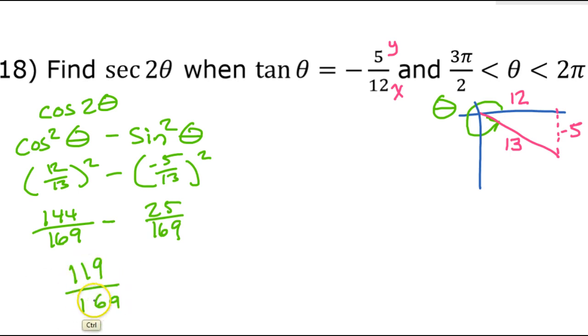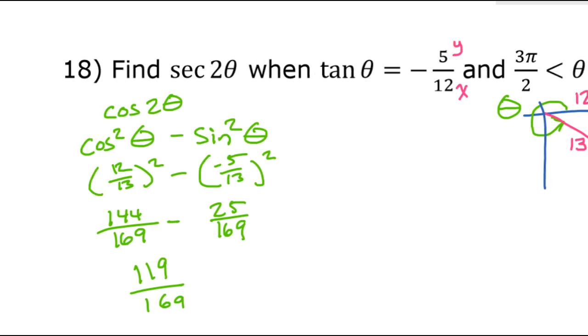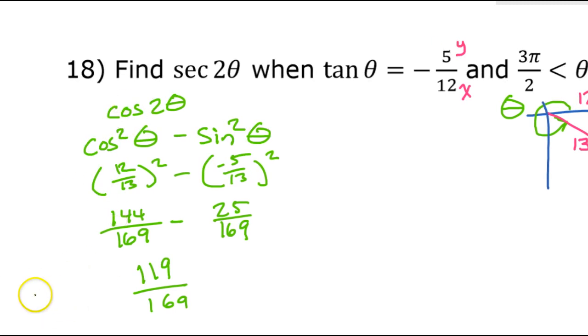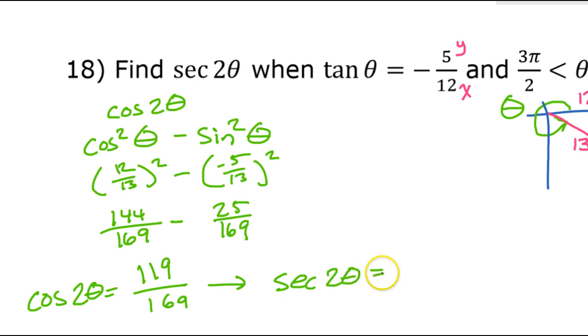So that's 119 over 169. Now remember, this is all cosine 2 theta is equal to that. So that means that the secant of 2 theta must be 169 over 119.